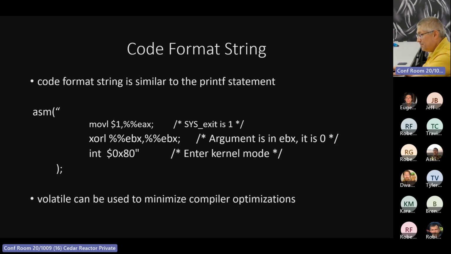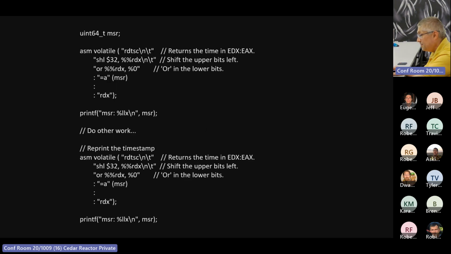However, sometimes you will need the word volatile with the asm in order to make sure that we minimize compiler optimizations. As you can see here, the person wrote the same code in both sections. So the compiler, without the volatile, may discard the second version of the asm inline assembly code.